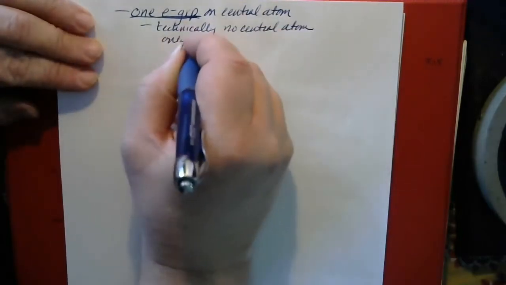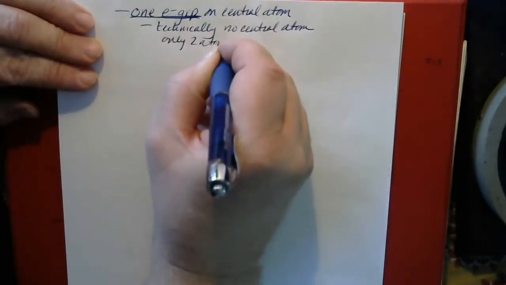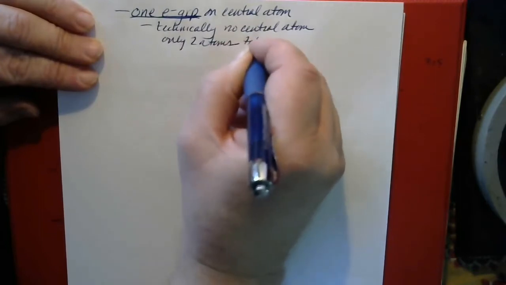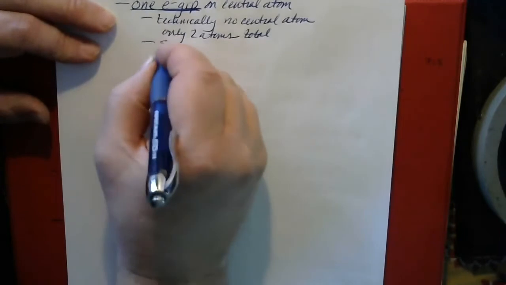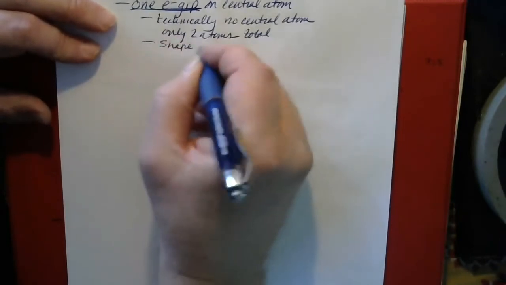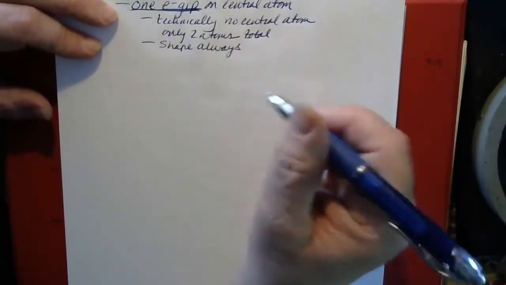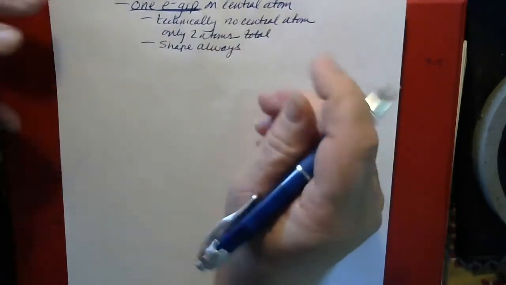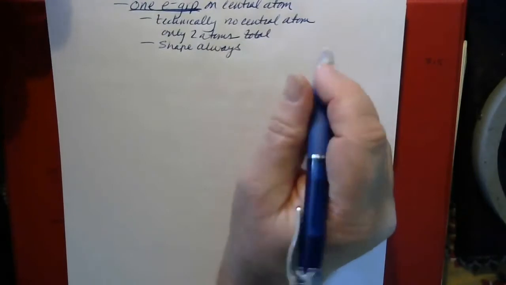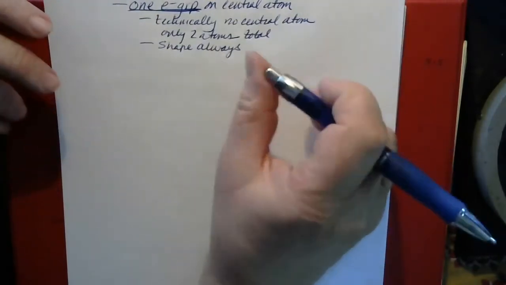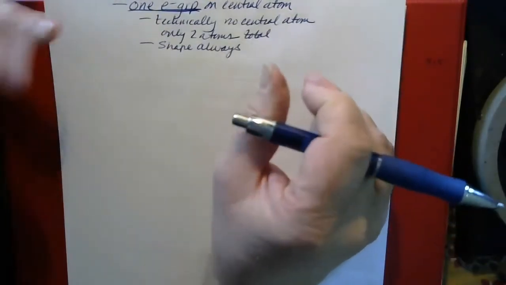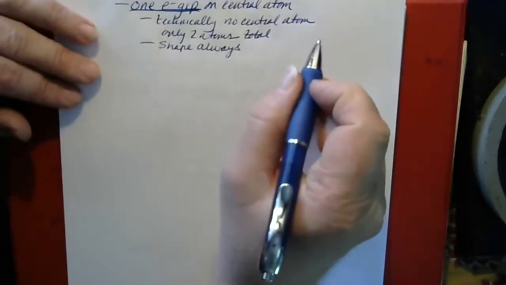There are only 2 atoms total in a case like this. And the important thing is that 2 points define a straight line. So if you've only got 2 atoms in the molecule, the shape has to be linear. There's really no other way about it.